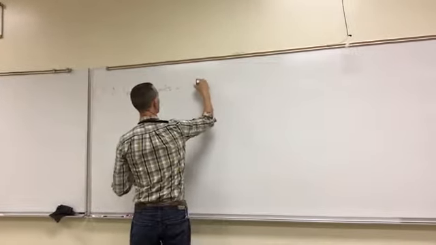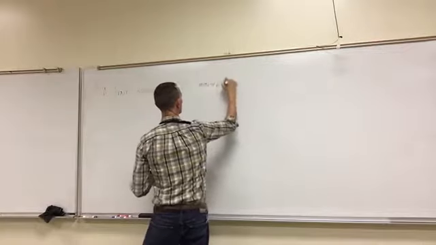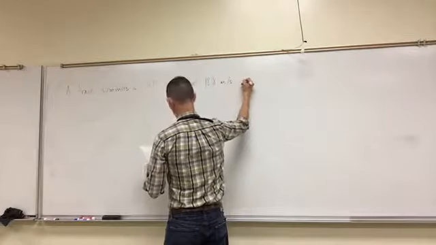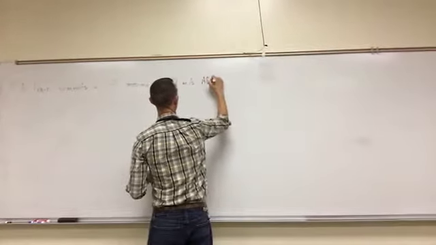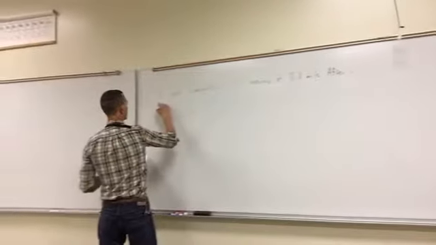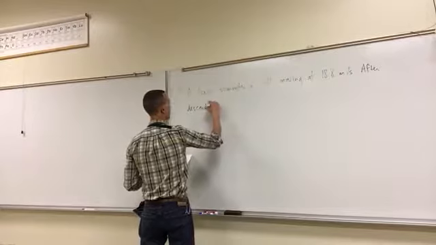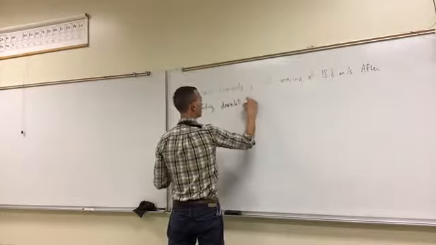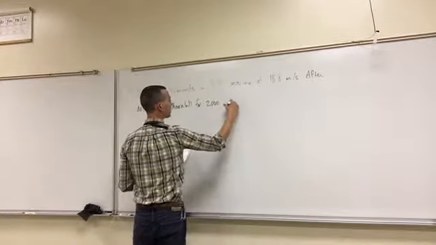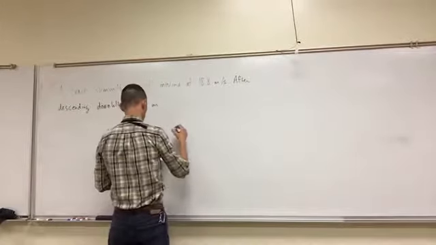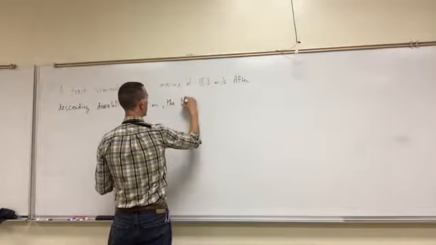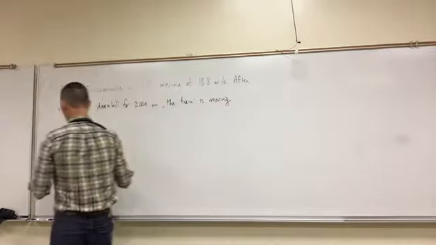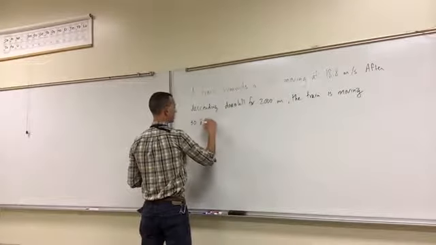summits a hill moving at 18.8 meters per second. After descending downhill for 2,000 meters, the train is moving 30.8 meters per second.